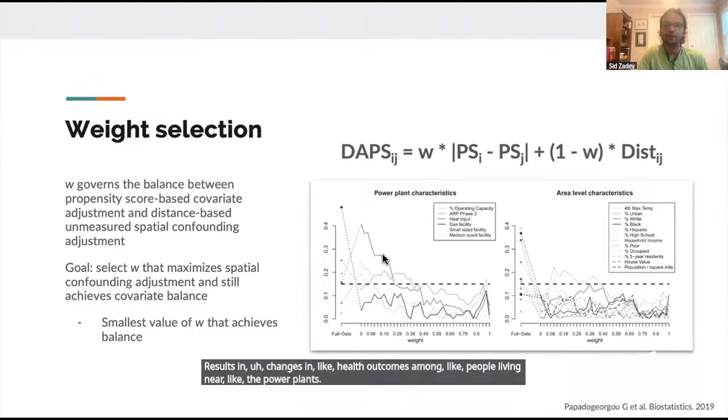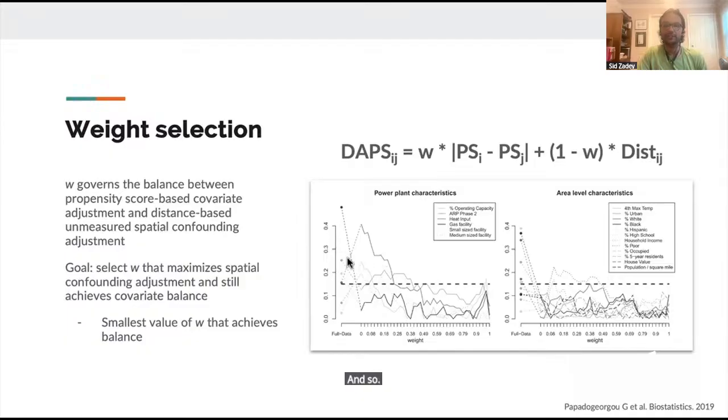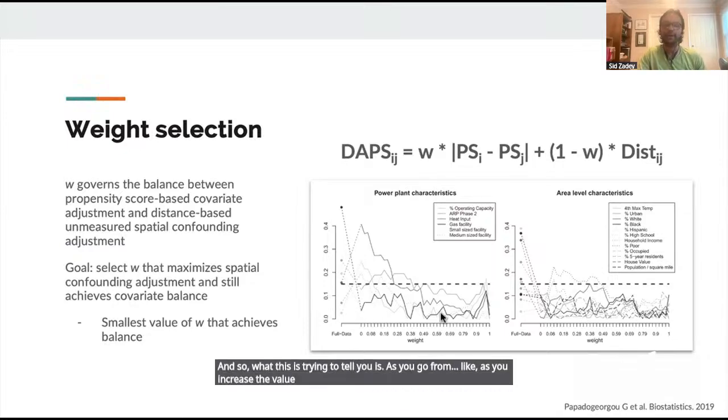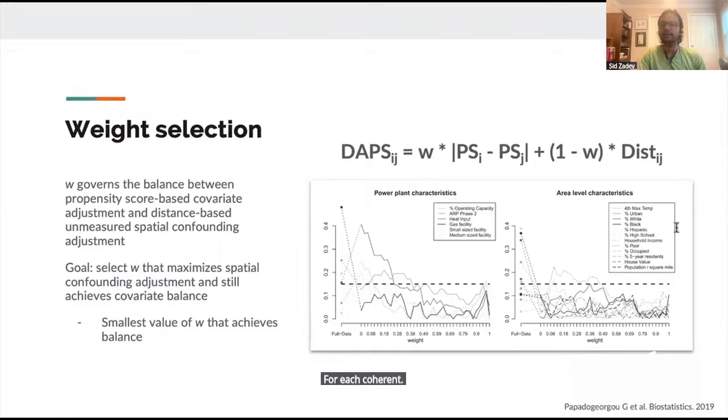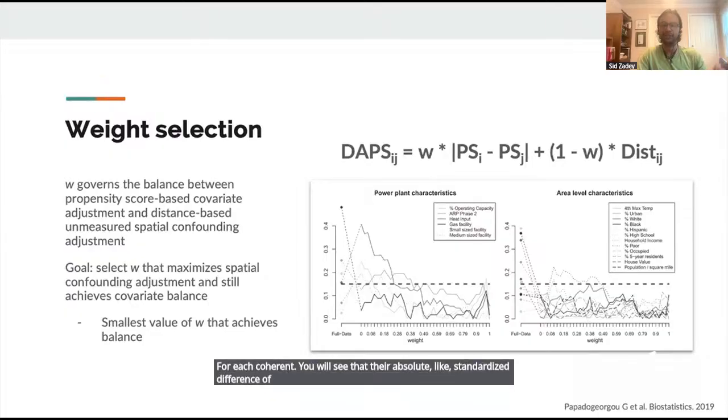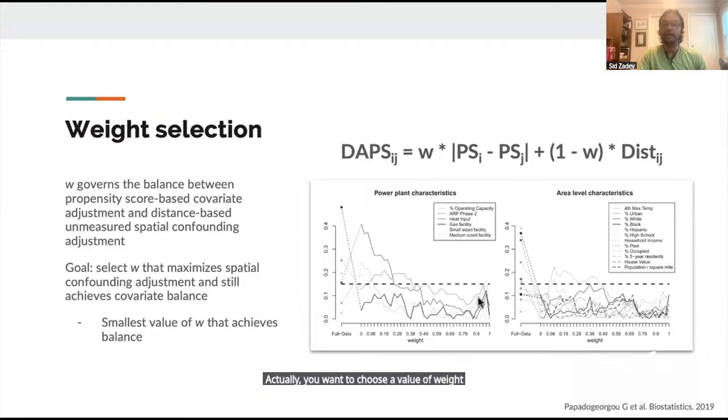What this is trying to tell you is that as you increase the value of the weight for each covariate, you will see that their absolute standardized difference of means will change. You want to choose a value of weight where that difference is lower than your threshold.